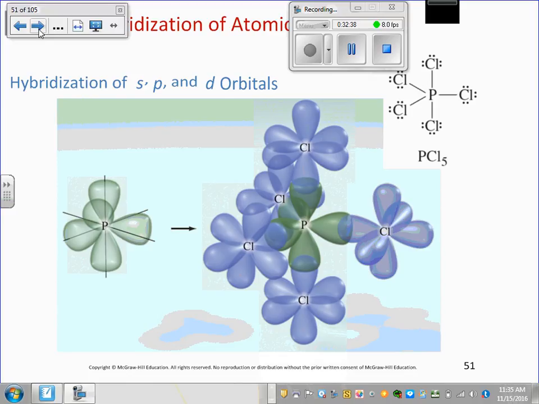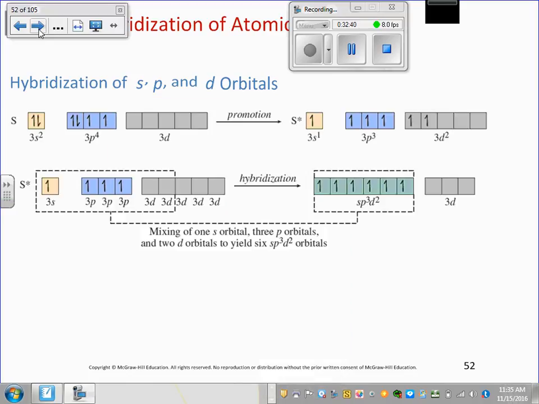Here, remember SF6 was octahedral, so I need 6. Well, what I do here is promote 2 of the electrons, one from the 3s2 and one from the p, and I promote both of them to the d. So now I have 6 unpaired.